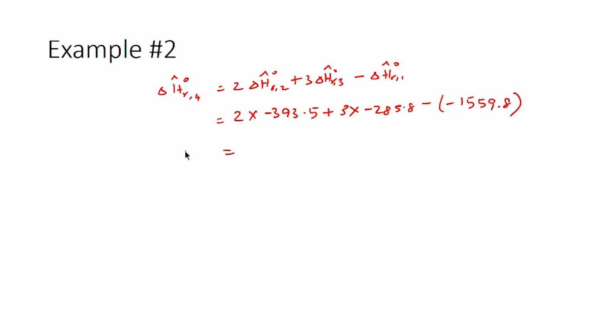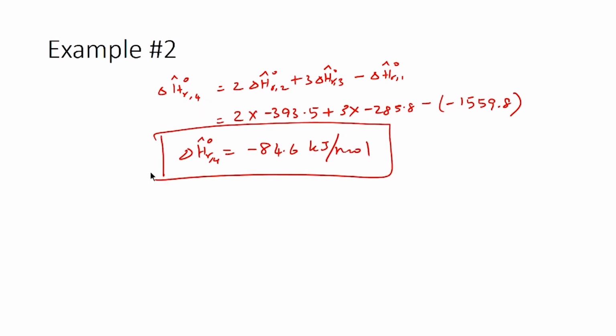So this is equal to minus 84.6 kilojoules per mole. So this would be the heat of reaction for the fourth reaction. Using Hess's law, we have been able to calculate the heat of reaction for the fourth reaction using the 3 heats of reactions which we had.